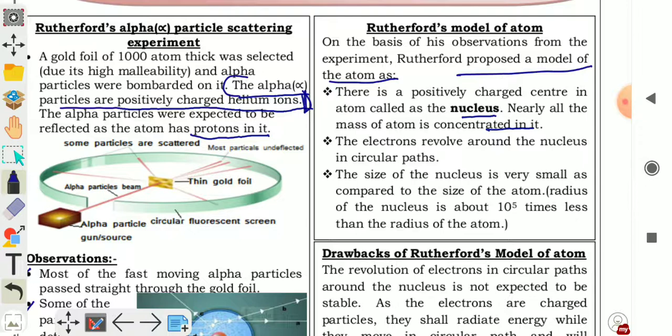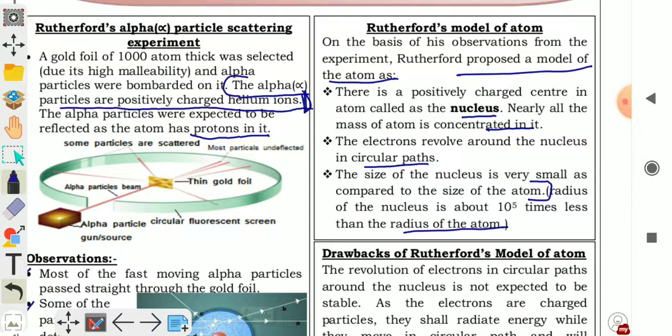The electrons revolve around the nucleus in circular path. And third, the size of the nucleus is very small as compared to the size of the atom. Radius of the nucleus is about 10 raised to the power 5 times less than the radius of the atom.